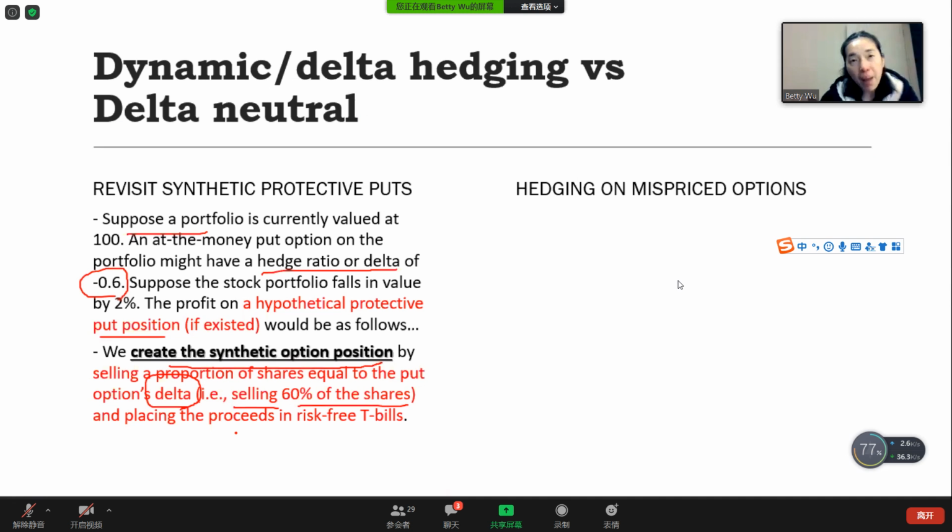And by rebalancing, changing your position, you can achieve exactly the same protected put position. Okay, so it's just one way. It's not the only way. When it comes to options, there are so many different applications. This is just to show you one example of how you can use the concept of hedge ratio to achieve a synthetic protected put.